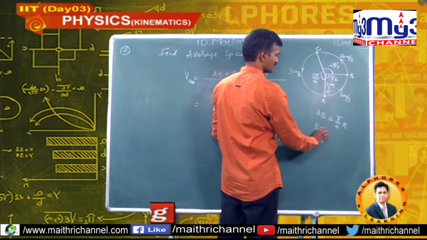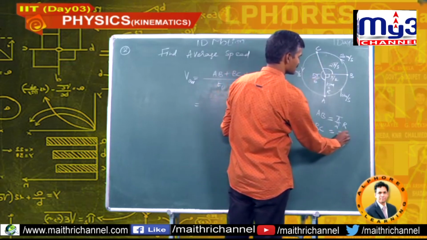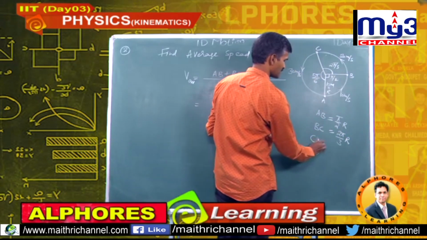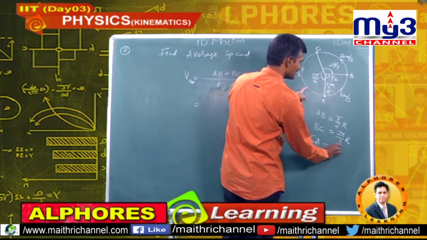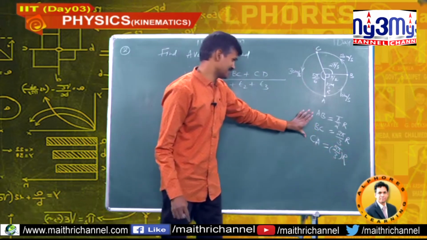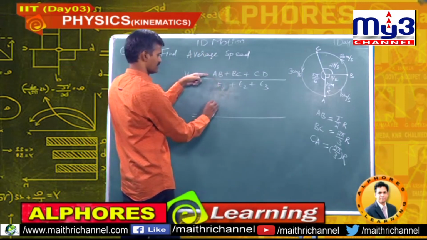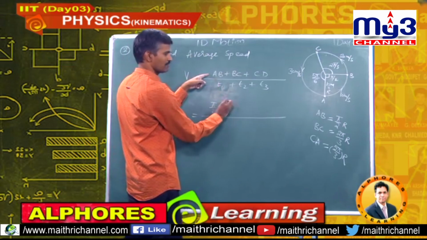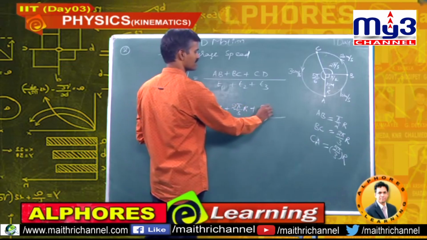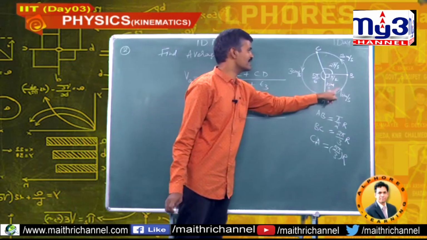BC is 2 pi by 3 into r, and CA is 5 pi by 3 into r. On substituting these values, we get AB pi by 2 r plus BC 2 pi by 3 r plus CA 5 pi by 3 r, divided by the times. Here, time is distance by speed.